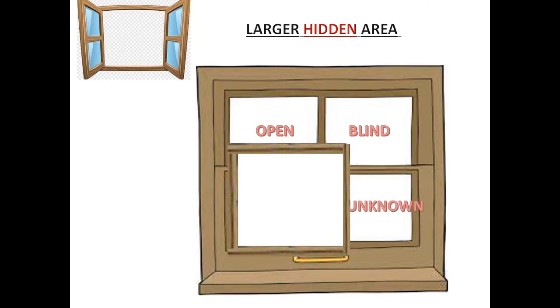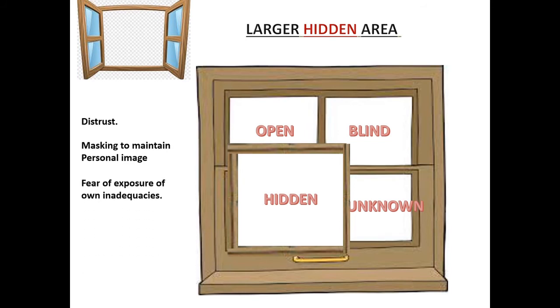How about the description of a person who has been assessed to have a broader hidden area in Johari window? How are we going to describe that kind of person? For a person who has a larger hidden area, he is a person who is very distrustful. He is masking to maintain a personal image. Wow, these are big words.